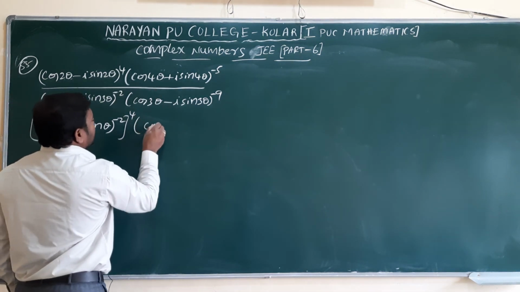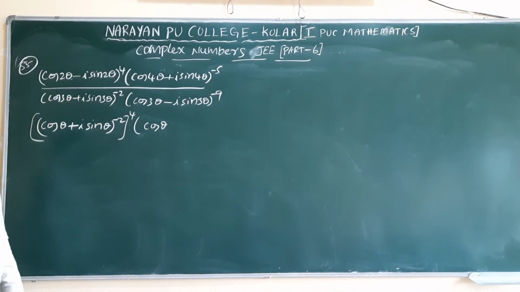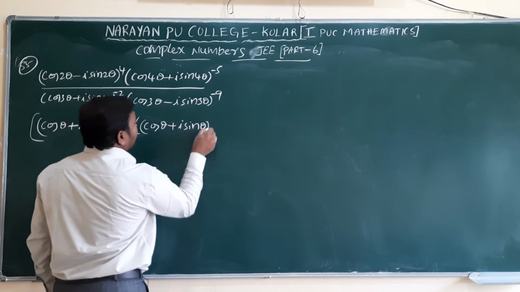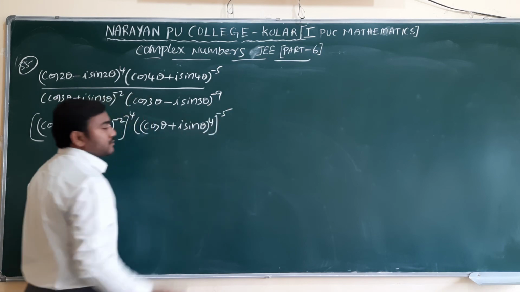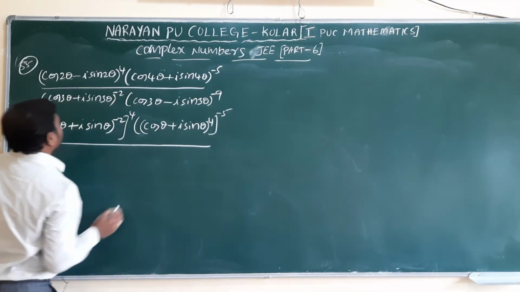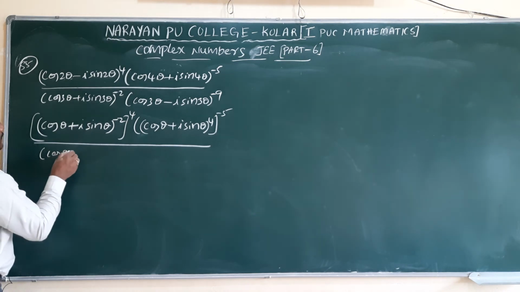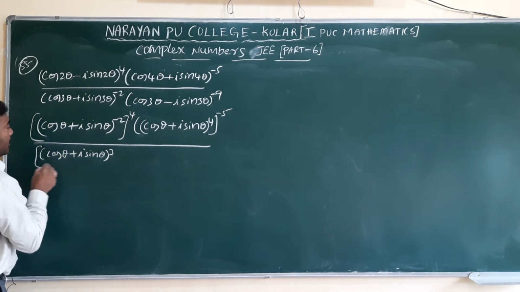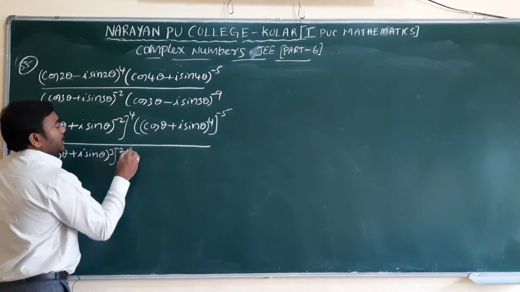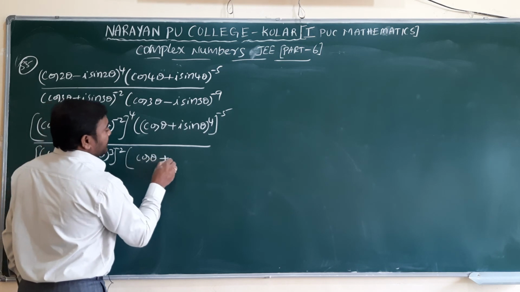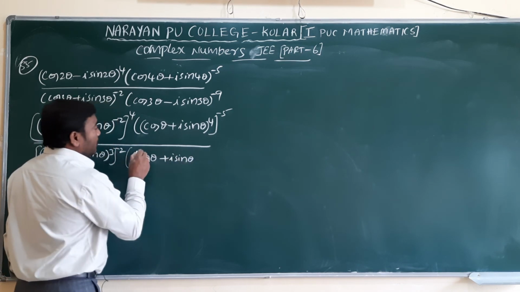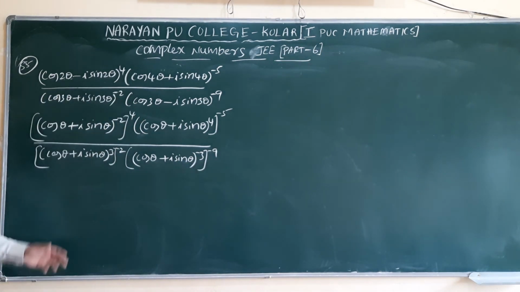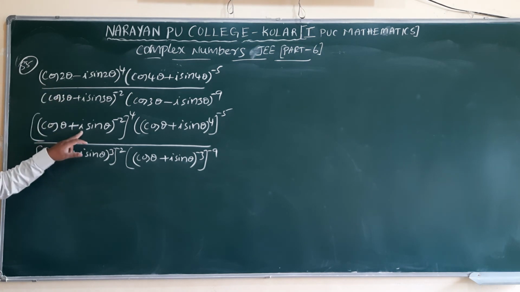Here (cos theta + i sin theta)^4 whole power minus 5, divided by (cos theta + i sin theta)^3 whole power minus 2, into (cos theta + i sin theta)^-3 whole power minus... Here it can be (cos theta + i sin theta) whole power minus 2.